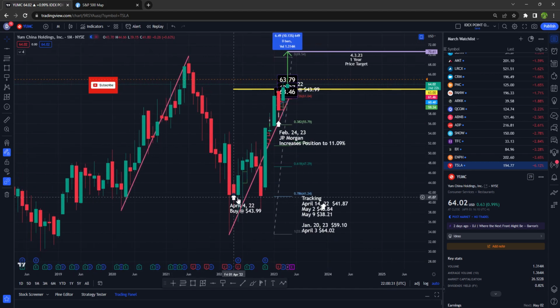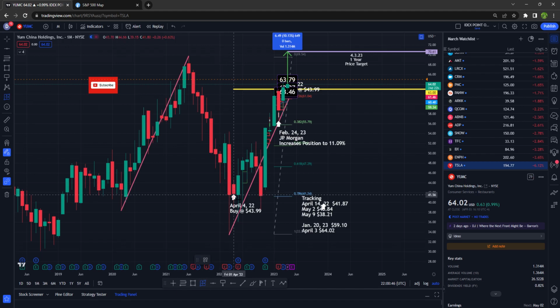Give you some perspective here. I bought it in this area, but it went down as low as $33.43, but I wasn't tracking it then. So I bought some shares, and now we are up here.